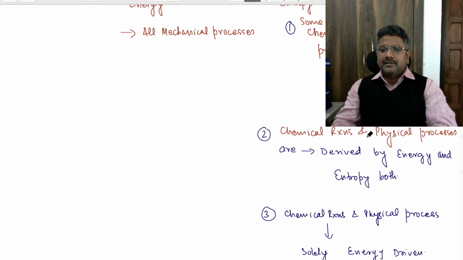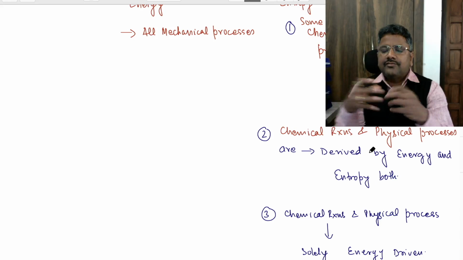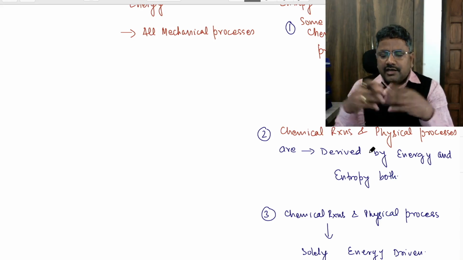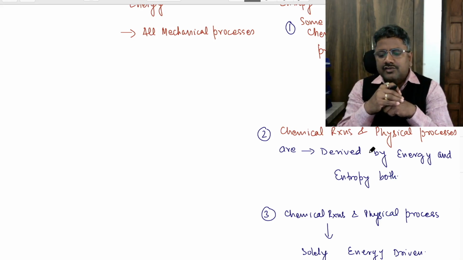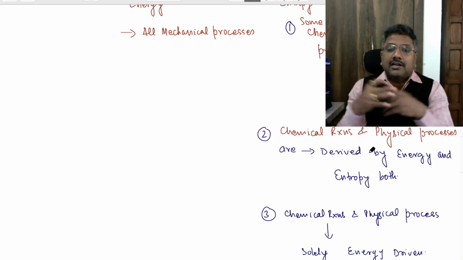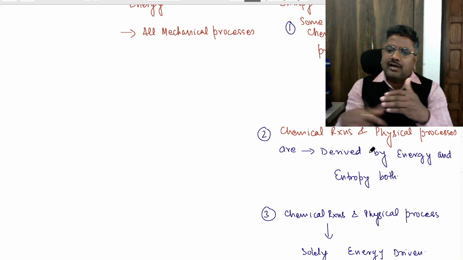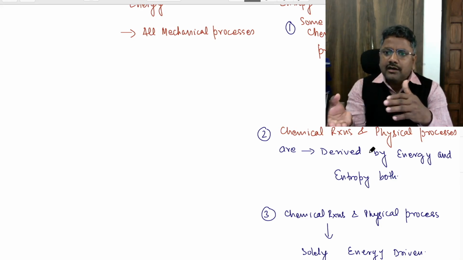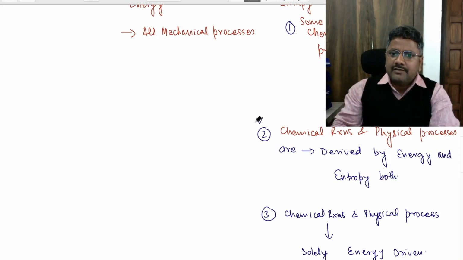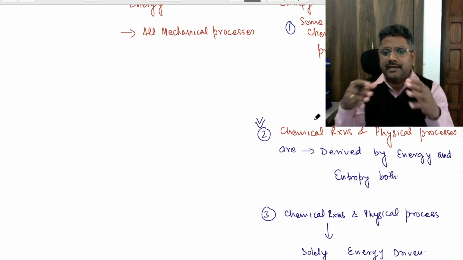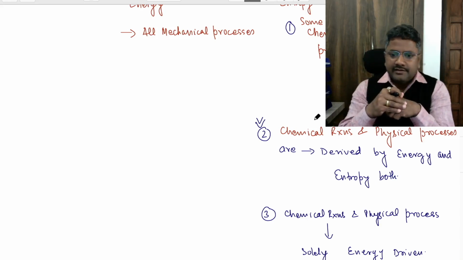Right? So you may get all these three types of reactions during your study of chemistry, whether you are studying organic chemistry or inorganic chemistry or any physical transformation. Either energy will drive or entropy will drive solely, or both will drive. So the majority of reactions are in the category that they are both energy and entropy driven, right?